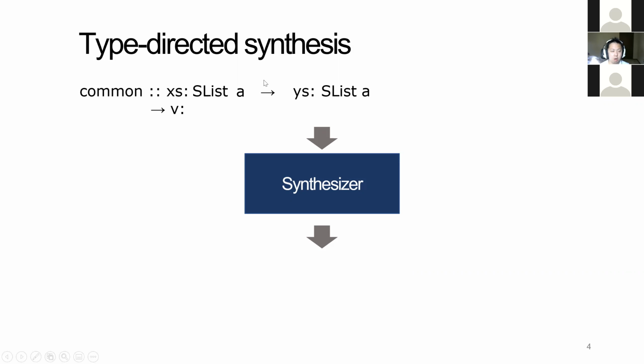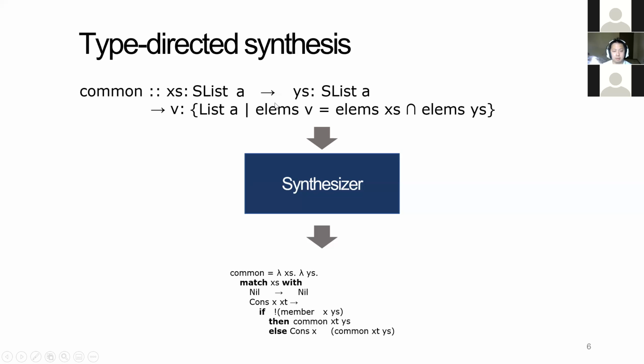The user expects the output V to also be a list, but in addition, the elements of the output should be the intersection of the elements of XS and the elements of YS. And the synthesizer will find the user such programs. I will discuss this program later.